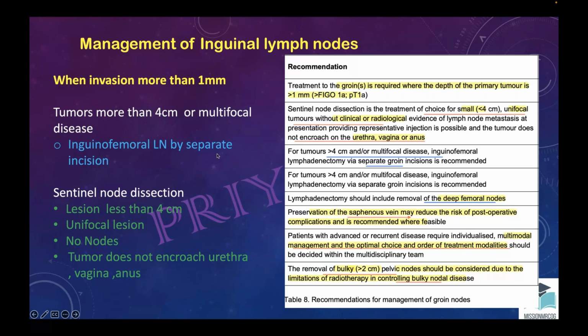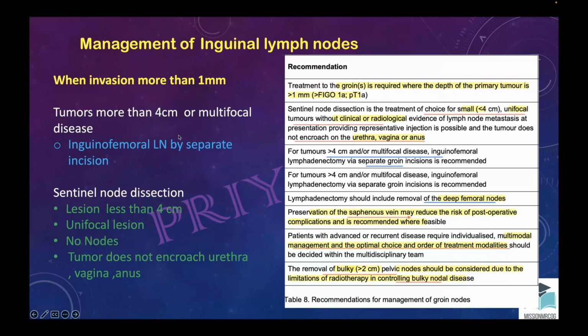Apart from this, if they are considering sentinel lymph node dissection, that is the same thing I have already explained: lesion less than 4 centimeter, unifocal lesion, no nodes, and lateral location. That means the central part, urethra, vagina, anus is not involved. Then they will consider sentinel lymph node dissection. Here the message is that they will do a separate incision for lymph nodes.